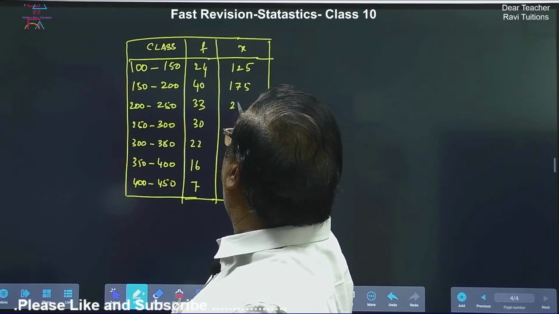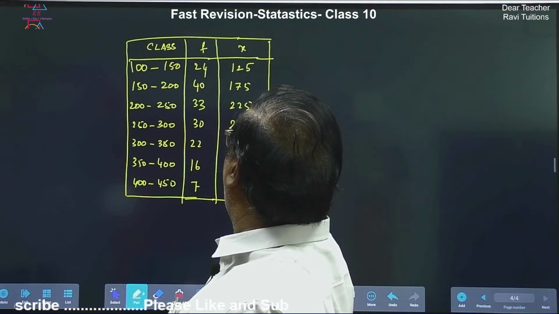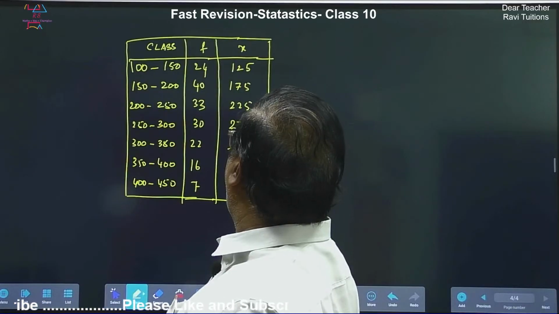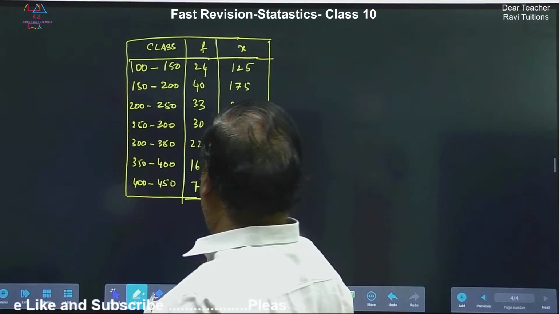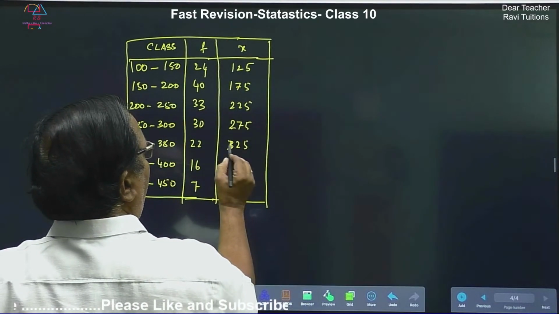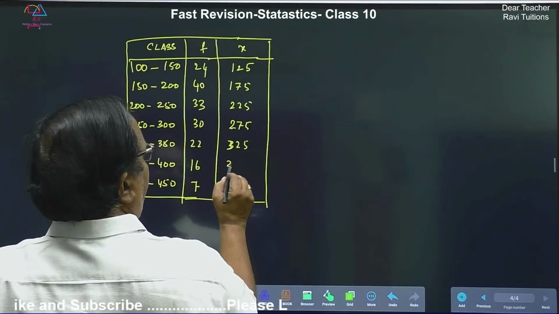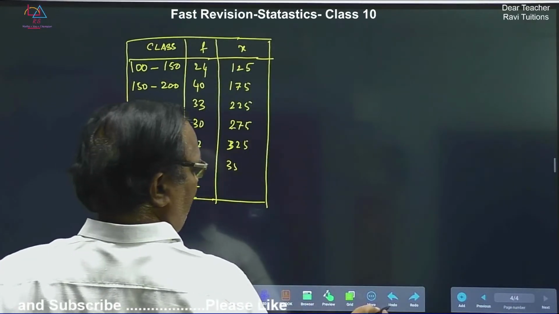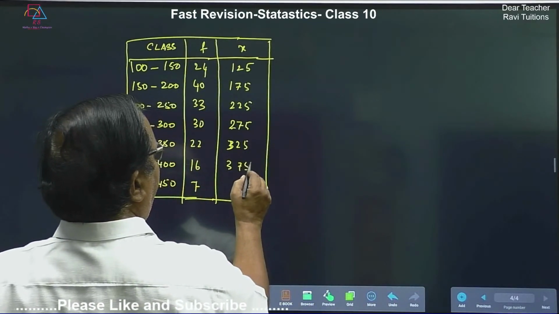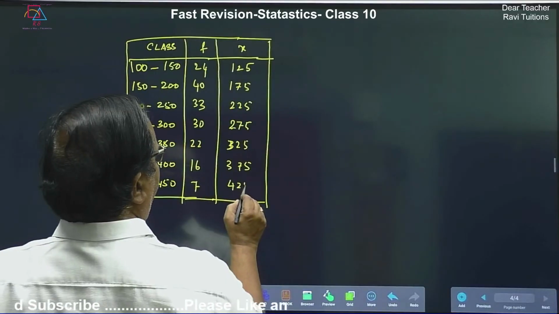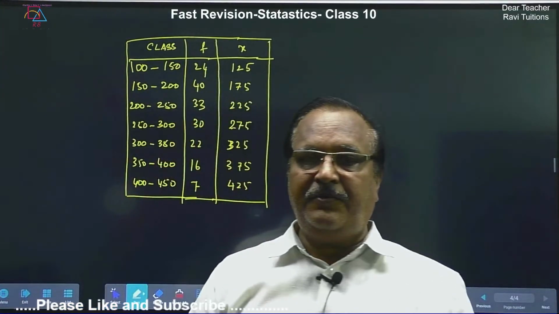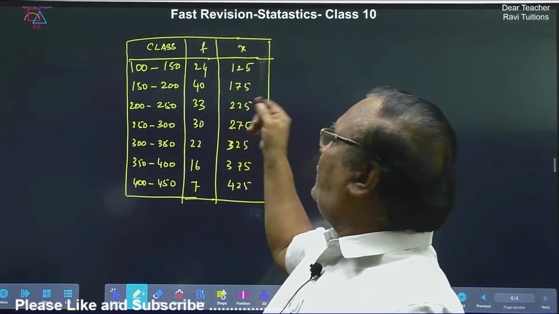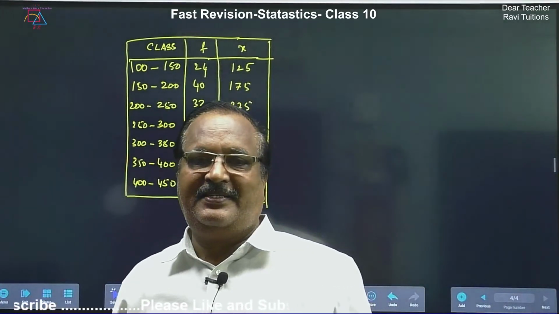Plus 50, 225, plus 50, 275, plus 50, 325, plus 50, 375, and 425. Now, if you do the direct method, 24 into 125 is a very big multiplication.